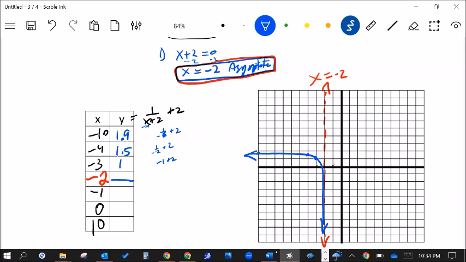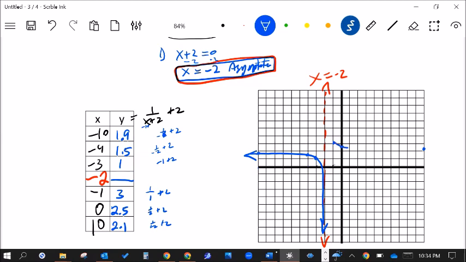Now let's do the next part. Okay. 2 take away 1 is 1 plus 2, so this is a 3. Put a 0 in here with 1/2 plus 2, so that's 2.5. Put 10 in there, that's like 1/12 plus 2, that's like 2.1. So at 10, we're at 2.1, just a little above that. At 0, it's at about 2.5, and at -1, it's at 3.